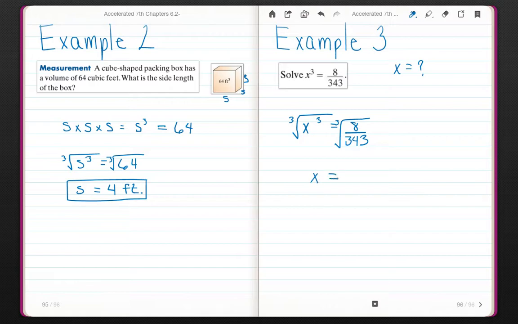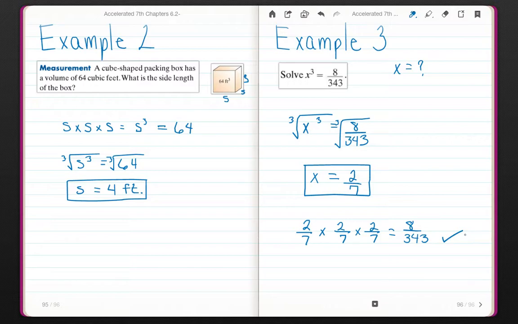So x equals, take the cube root of each of these separately. The cube root of 8 is 2. The cube root of 343 is 7. So x equals 2/7. I can check that. If I multiply 2/7 times 2/7 times 2/7, 2 times 2 is 4 times 2 is 8. 7 times 7 is 49 times 7 is 343. So this does check out.